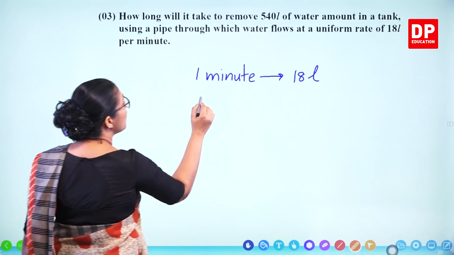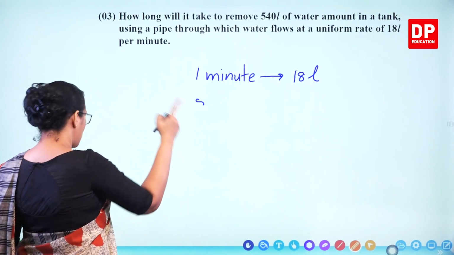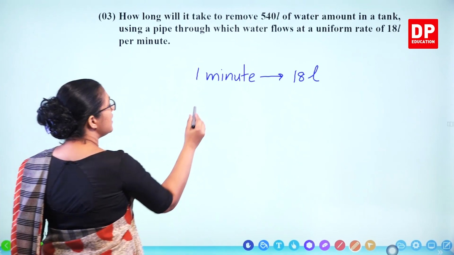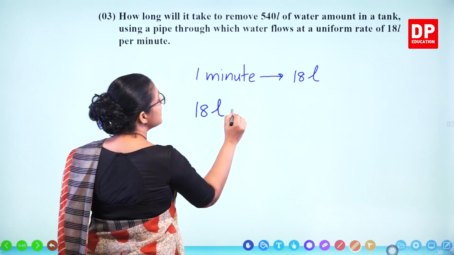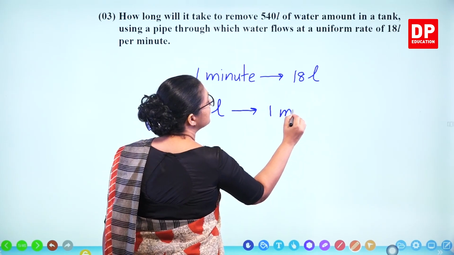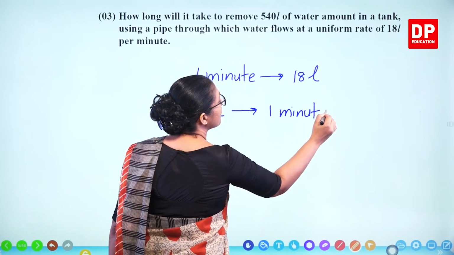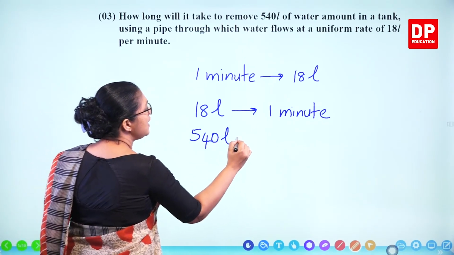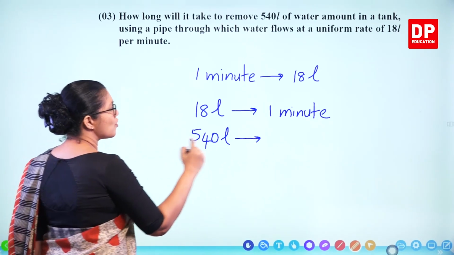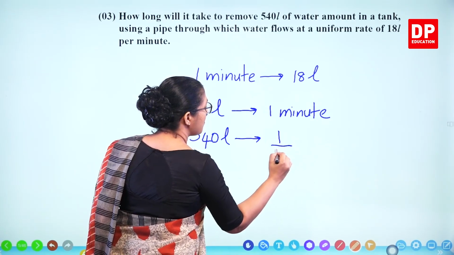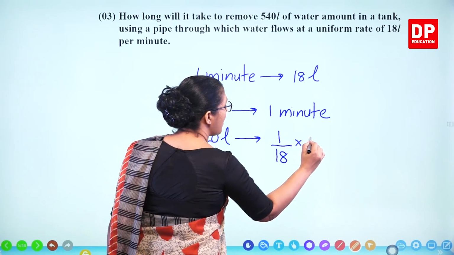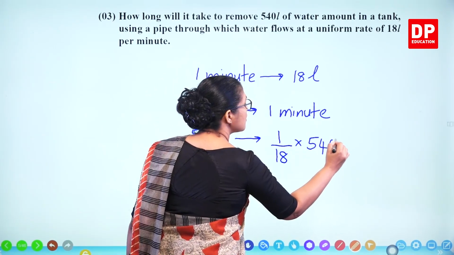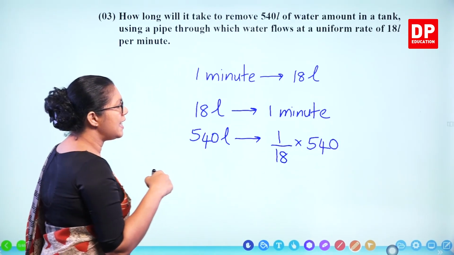They are asking what's the time it takes. So the other way around, we write 18 liters, 1 minute. 540 liters, how many minutes? So 1 divided by 18 times 540, which is 540 divided by 18.